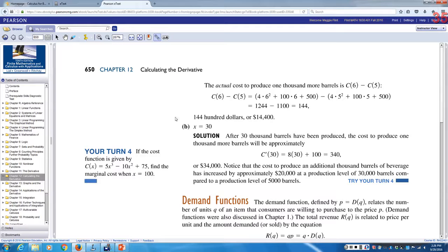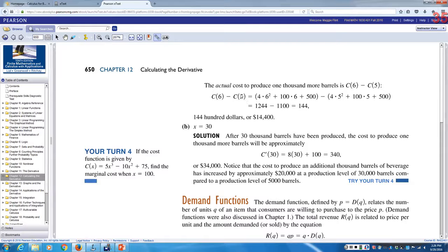Now, the actual cost to produce 1,000 more barrels is C of 6 minus C of 5. So the cost for 6 is going to be 4 times 6 squared plus 100 times 6 plus 500, which is going to turn out to be 1244.